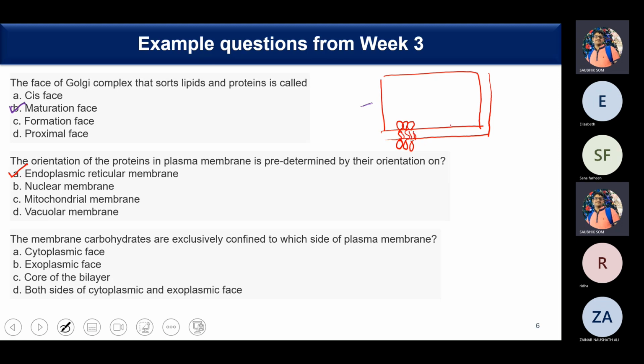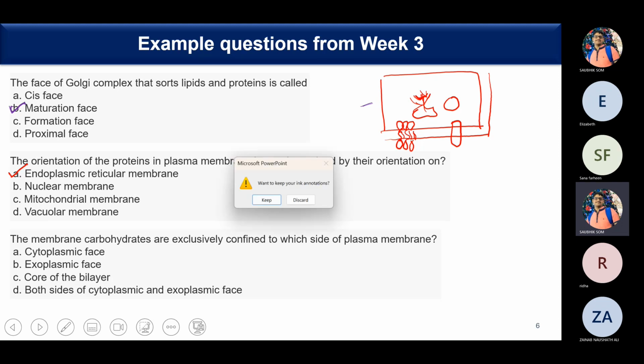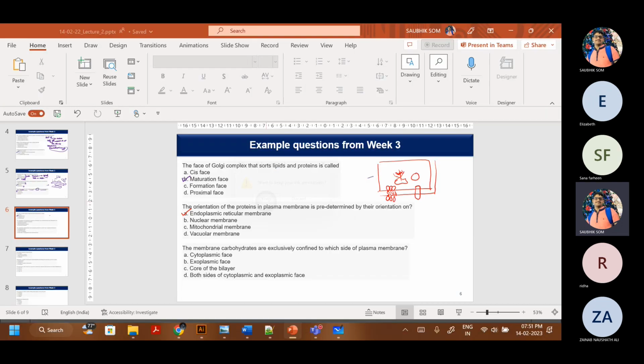If you remember, there were some integral membrane proteins, some outer membrane proteins, correct? So there were some proteins that had this carbohydrate. So you tell me, which one is that particular phase?